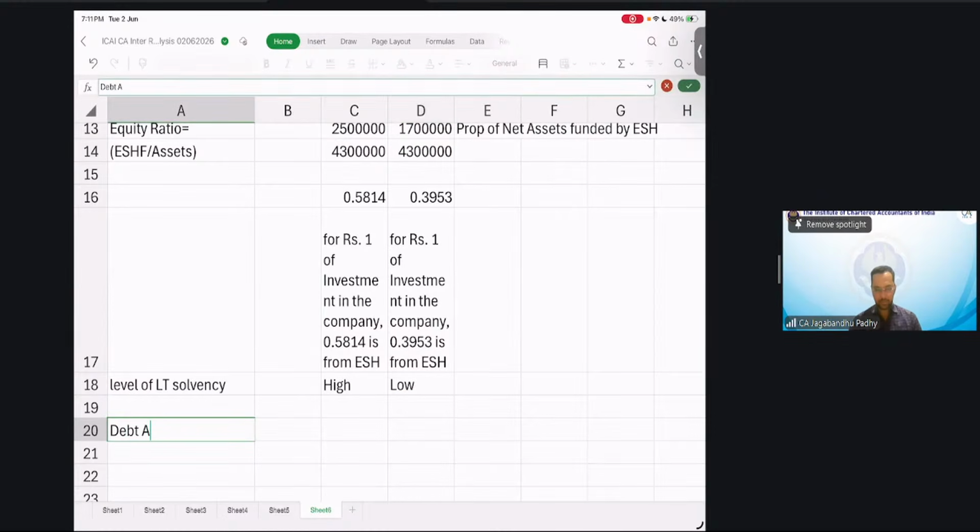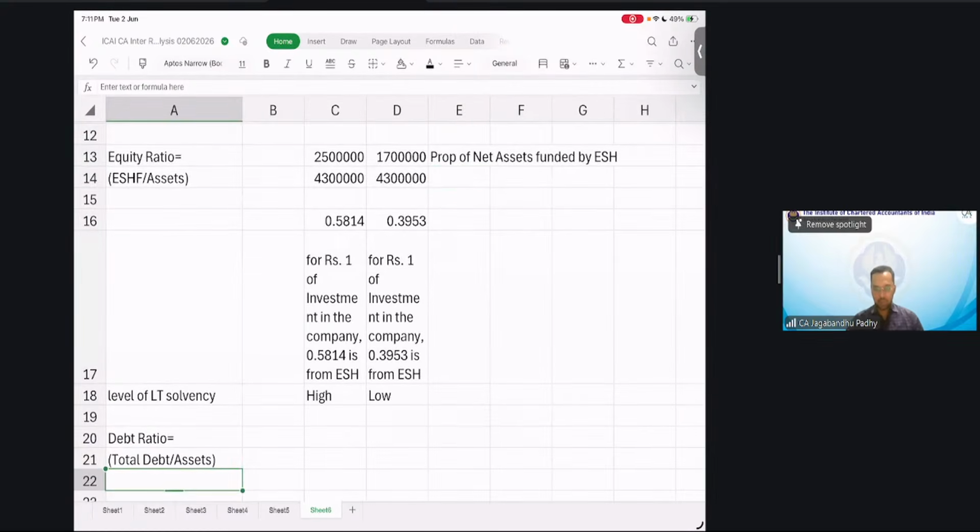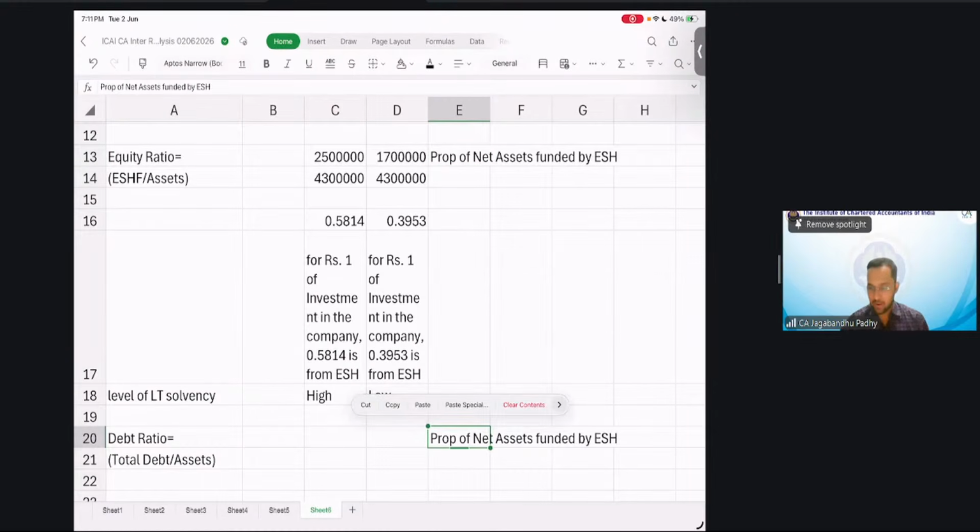Then we have debt ratio. Debt ratio is simply calculated as total debt divided by assets. So this is going to tell us what is the proportion of assets funded by loan or funded by borrowings, right?